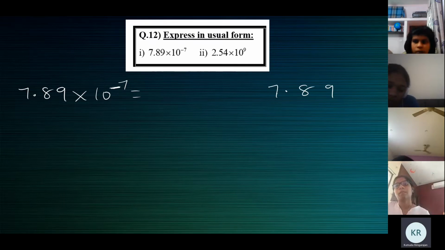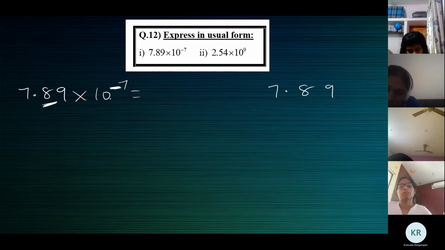If you have to make this number small, you should shift the decimal point to the left. If you want to increase the value of the number, then you should shift the decimal point to the right.